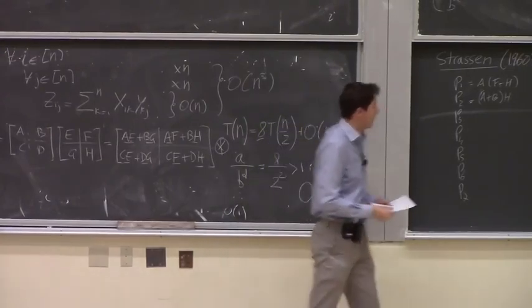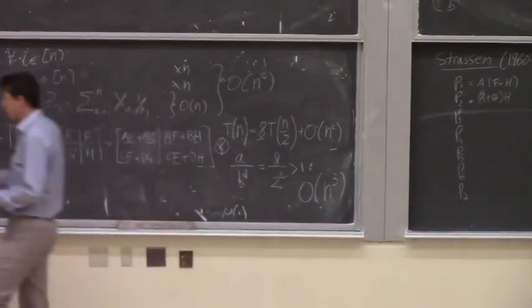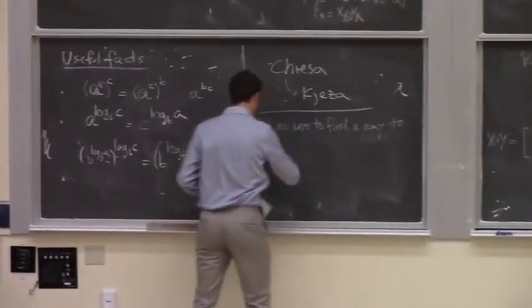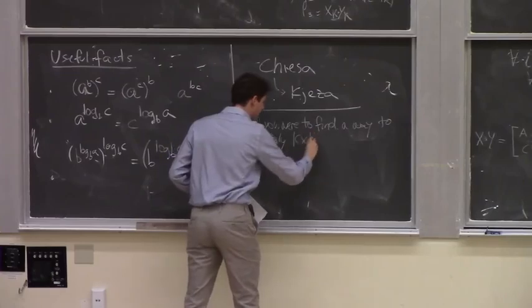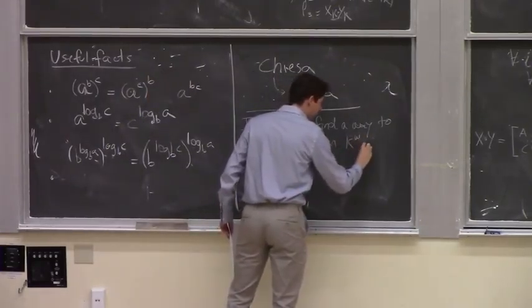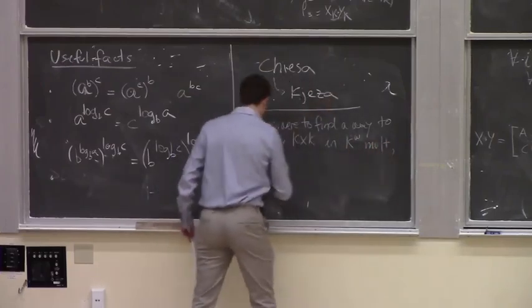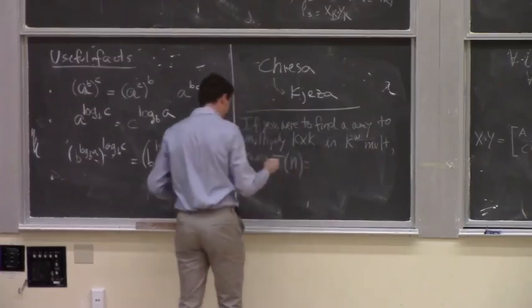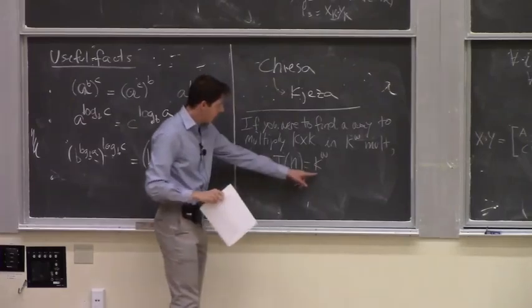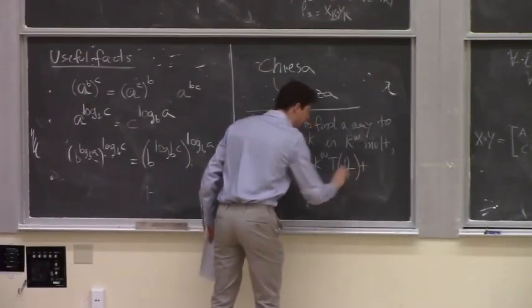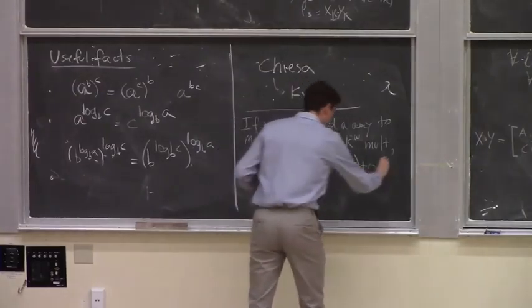And in fact, you can generalize this paradigm. You could say, in general, if you were to find a way to multiply k by k matrices for some k of your choice, maybe 3, 5, 6, whatever, in k to the omega multiplications, then using the same recursion, you would obtain T(n) equals k to the omega times T(n/k), because you used k as your base, plus order of n squared to combine them.